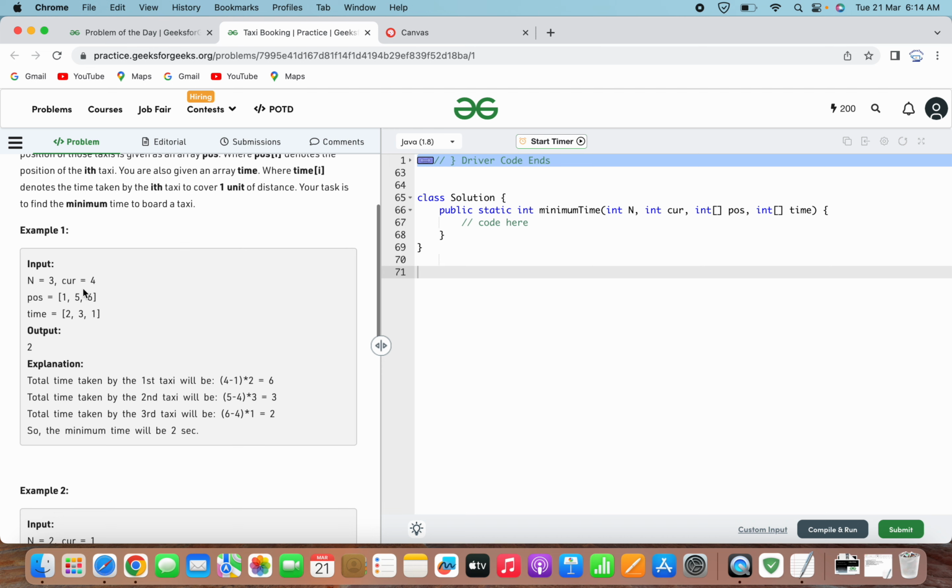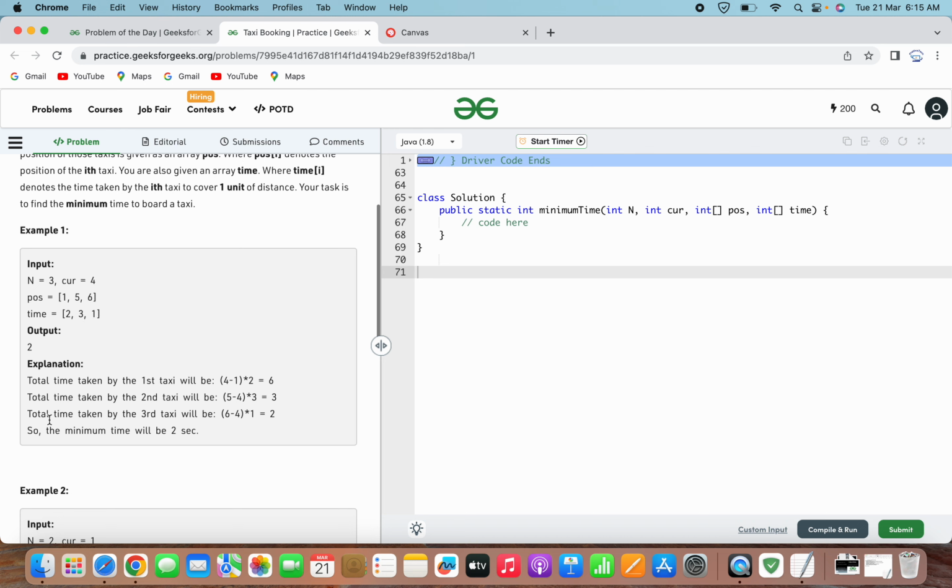So the difference between our current position and the position of the taxi, into the time taken to cover each unit of distance, that is 2, gives 6 here. Similarly for the second taxi, from 5 to reach 4, into the time taken to cover the unit distance, we are getting 3.